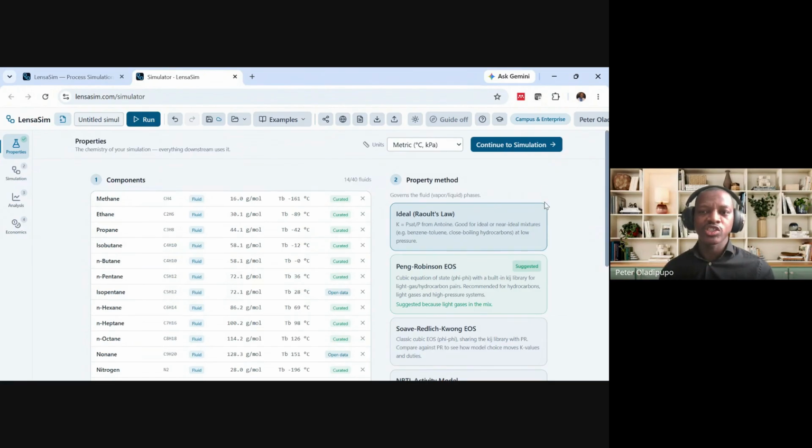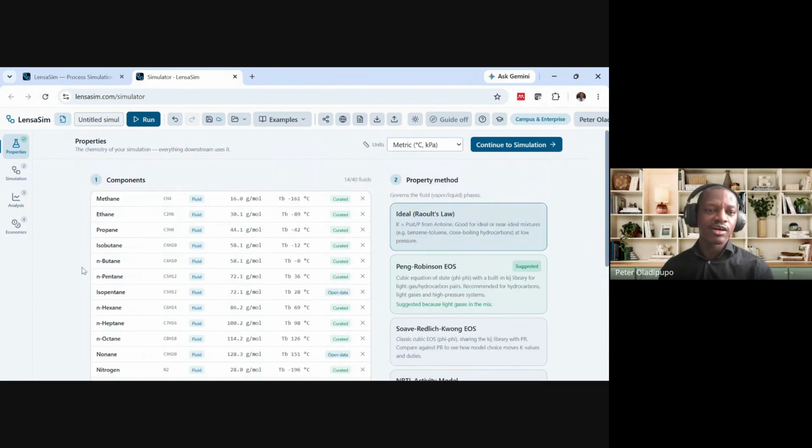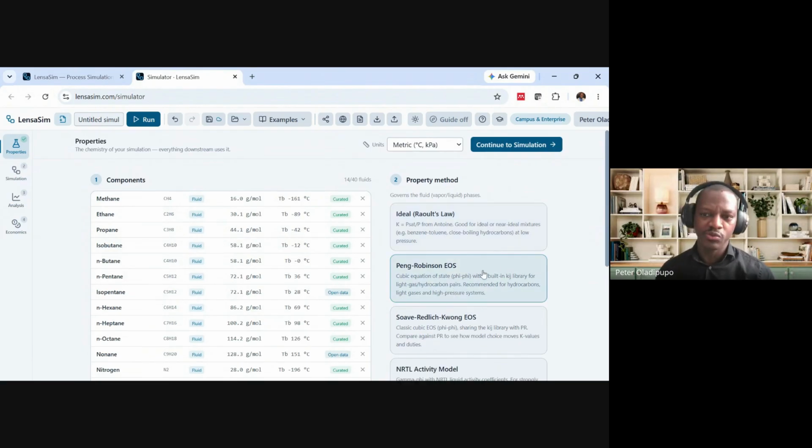So we have to specify which property package best defines these components and the processes surrounding them. Now, Peng-Robinson is a typical package that is well known in the petrochemical industry. It's typical for this kind of process, and it's suggested here by the simulator. So we're going with Peng-Robinson.